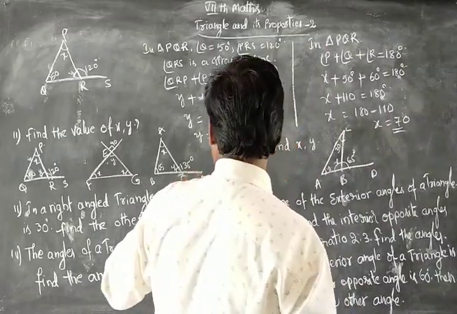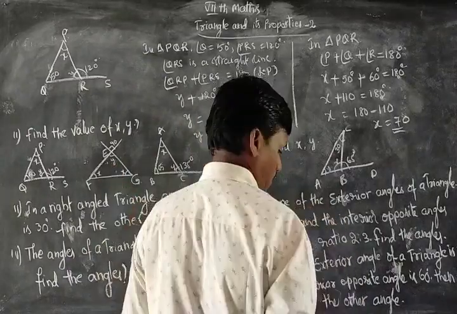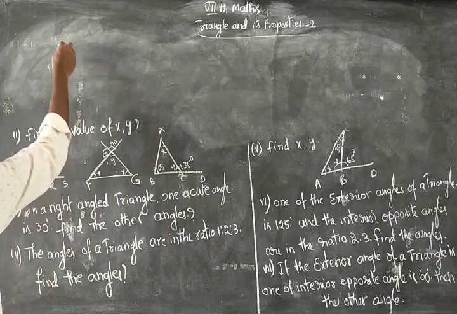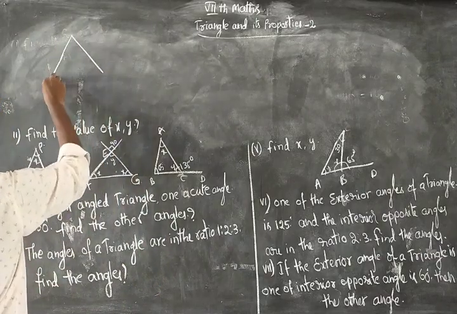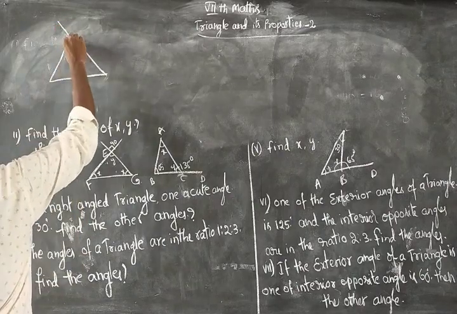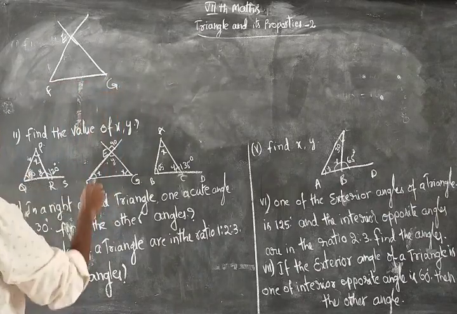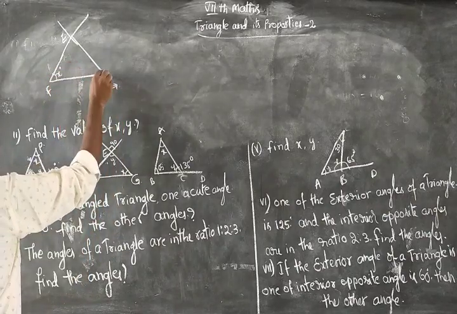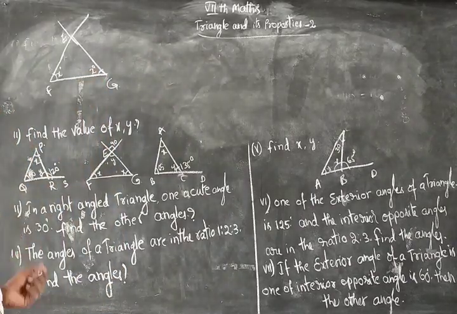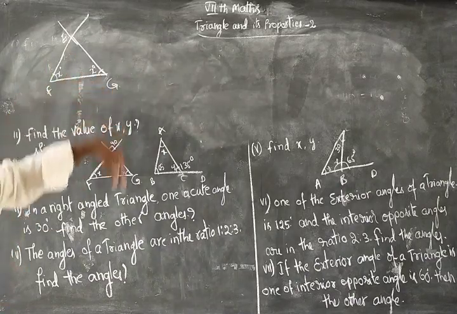This is the solution of this question. Next we are going to do the next problem, the second diagram. It was given that E, F, G. Here F is x degrees and G is x degrees, which means two angles are equal, so it must be an isosceles triangle.